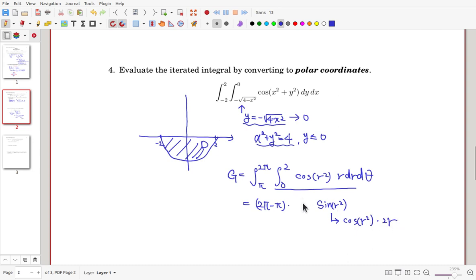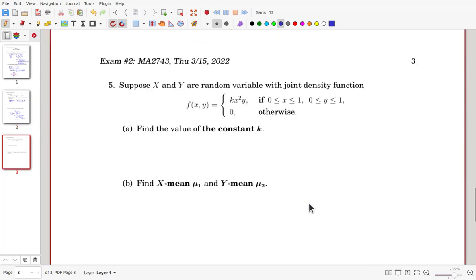So this is extra, so you put a half here. Then this whole thing will be an antiderivative of that integrand. Now we are evaluating from 0 to 2. So we have pi times a half, and then sine 4 minus sine 0, which is 0. So this is the final answer.